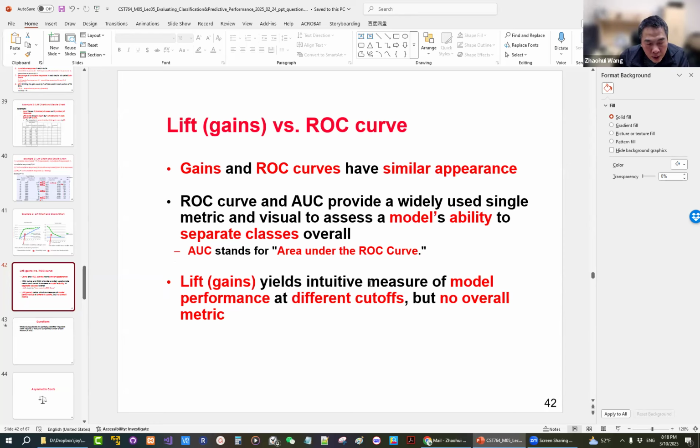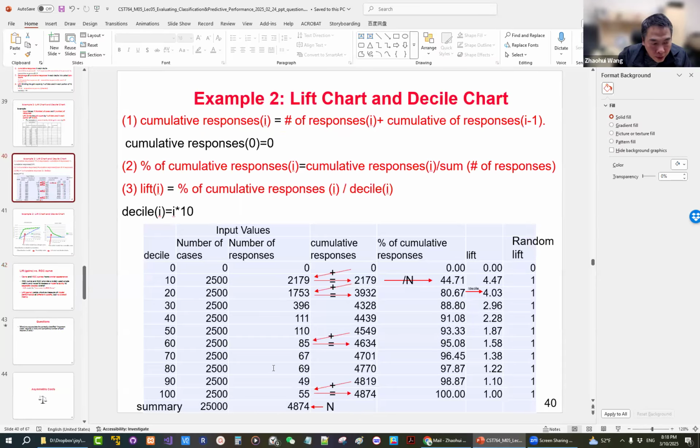The lift chart just uses the different cut values and obtains the lift value. So actually, this method is to apply the cut value.